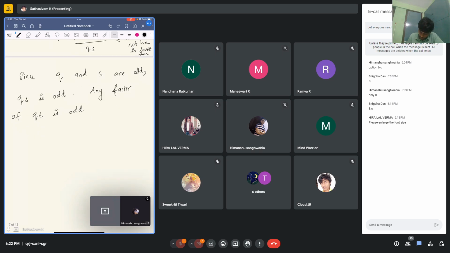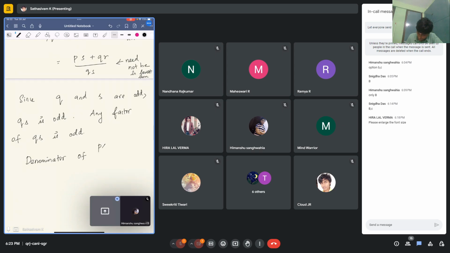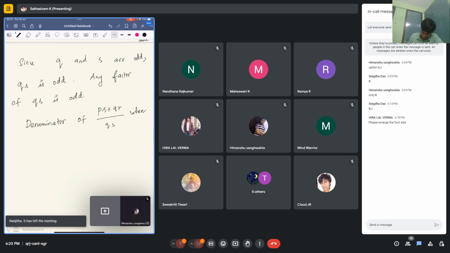So now what we can observe is the denominator of this particular term, (ps plus qr) by qs.